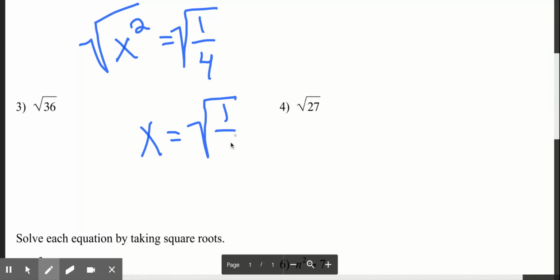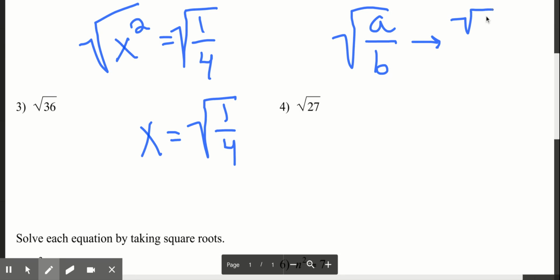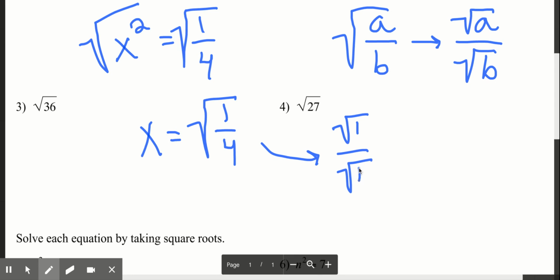So we have a rule for multiplication, we have a rule for division. That rule is that when you have a over b like this, you can simplify it to the square root of the numerator over the square root of the denominator. And that's pretty important to be able to do, right? It's pretty important right here because I can say, oh, this is really just the square root of 1 over the square root of 4, which is 1 over 2.